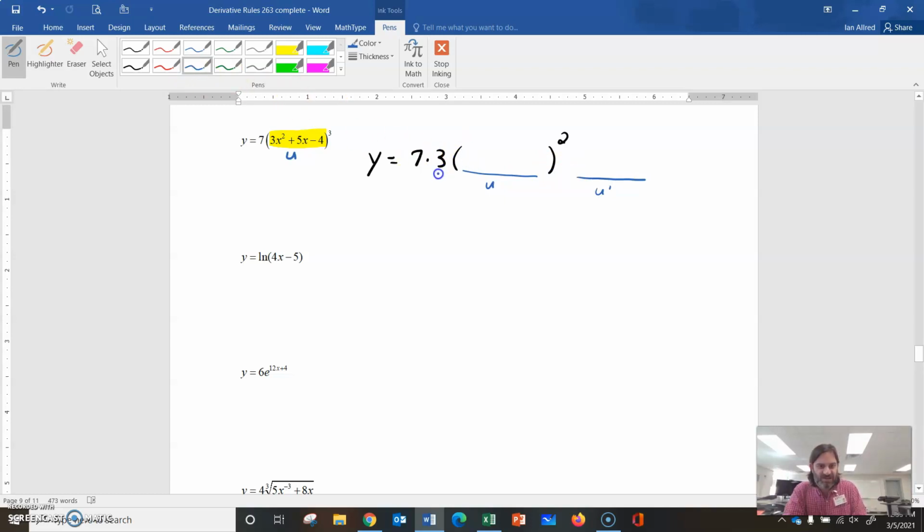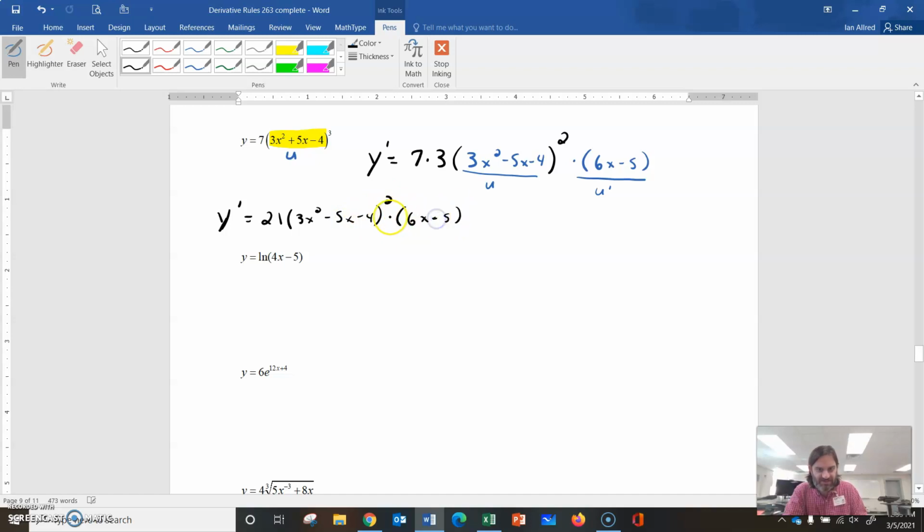We'll have 3x squared minus 5x minus 4 on the inside. And if we look at that and take the derivative, we don't necessarily have to rewrite it. So the derivative of that would be 6x minus 5. If I wanted to clean that up, I could write it as y prime equals 21 quantity 3x squared minus 5x minus 4 squared times 6x minus 5.